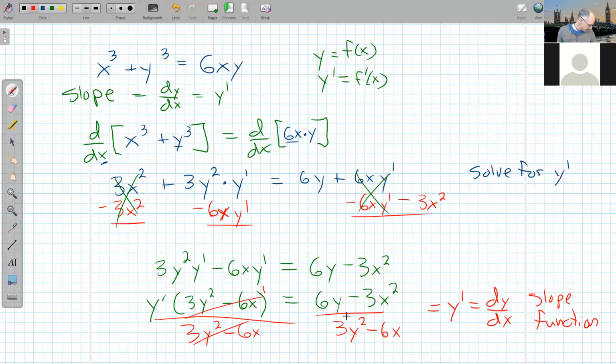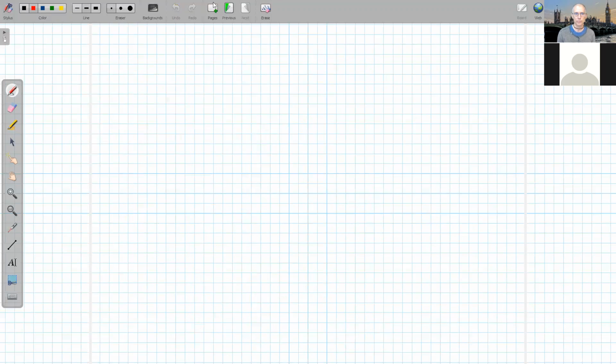So if I then take that slope function, I guess I can clean it up a little bit, right? A 3 factors out of numerator and denominator. So let's do that. New page. I can factor a 3 out of the top. Now let's write in green. Gives me 2y plus x squared.